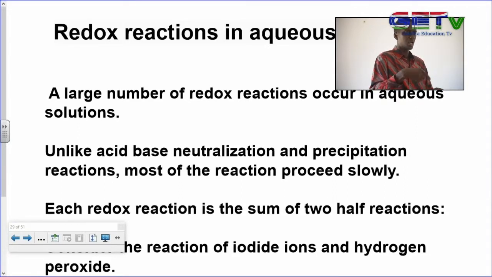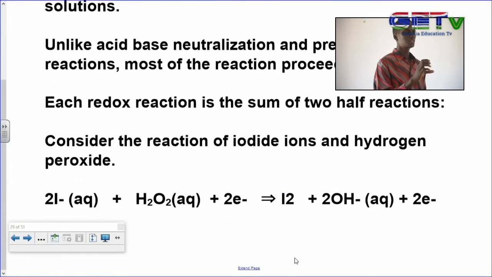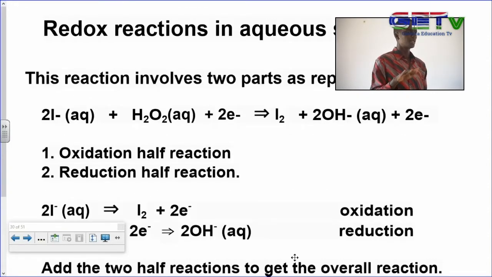Now, we have a reaction to consider, and this reaction is already balanced. So we will take this reaction and try to identify the oxidation half reaction and the reduction half reaction.